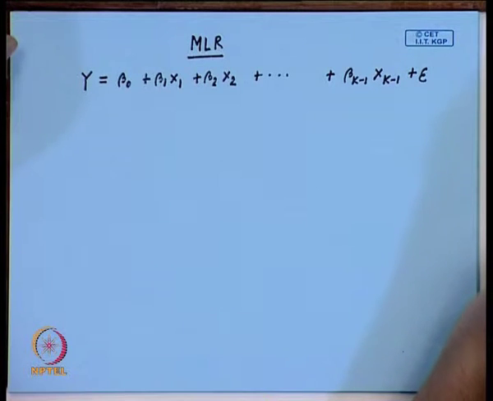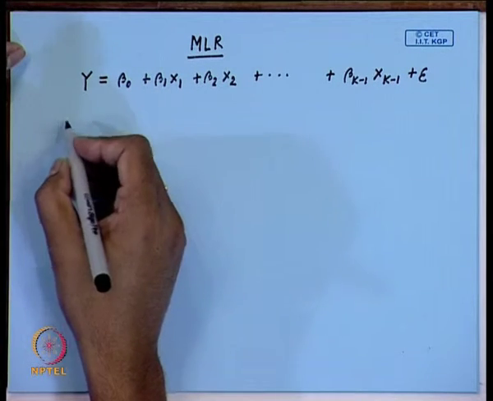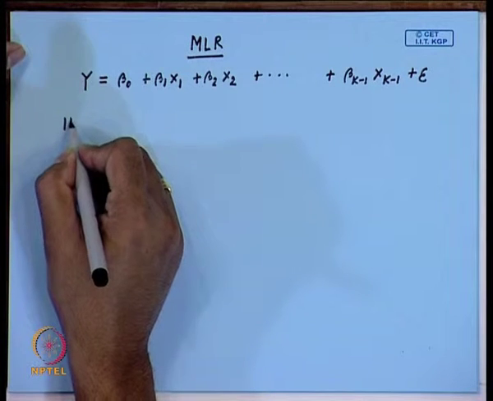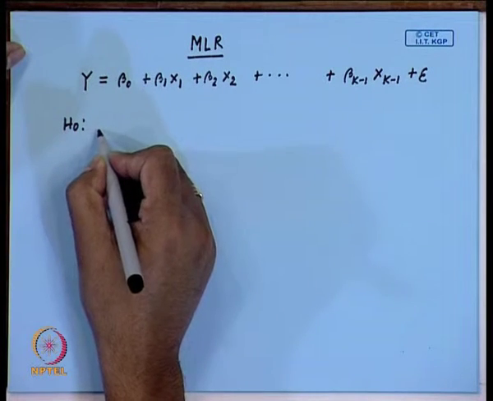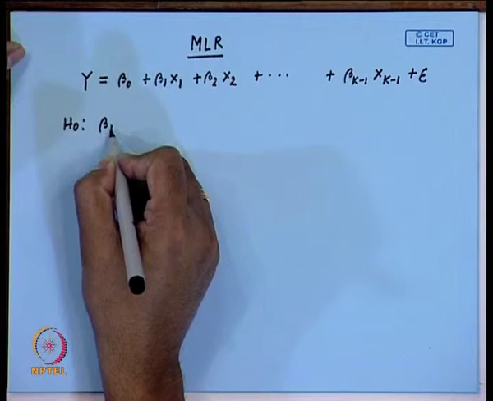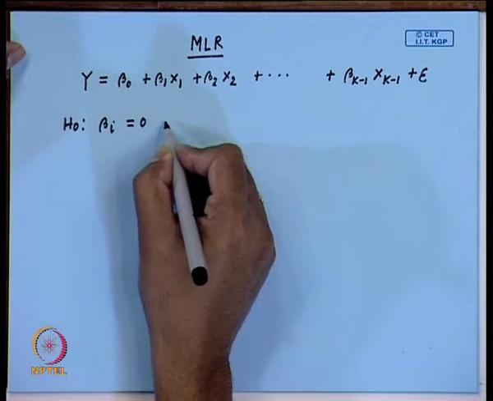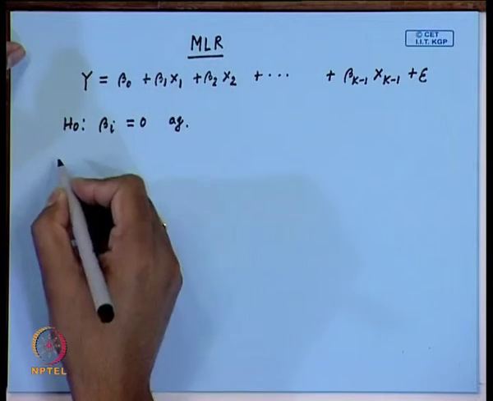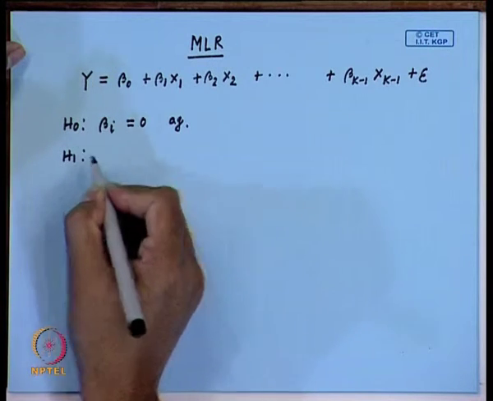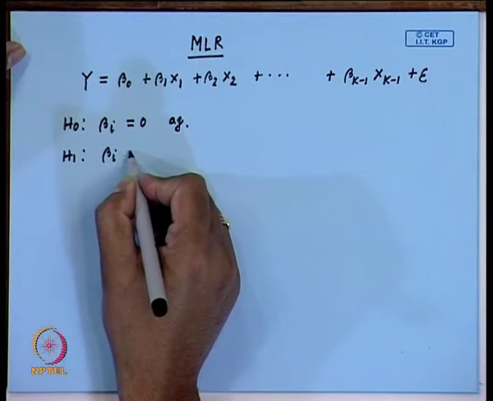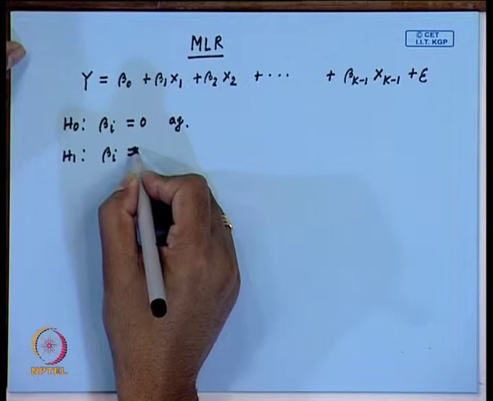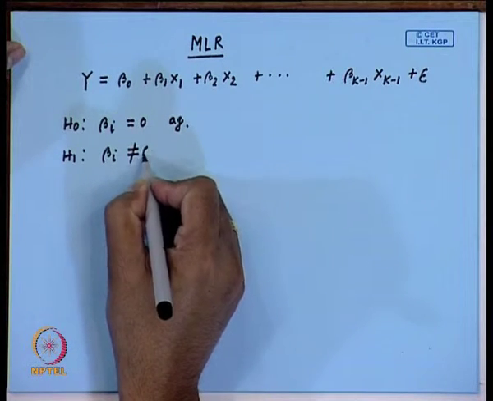We test the hypothesis H naught: beta i equal to 0 against the alternative hypothesis H 1: beta i not equal to 0.